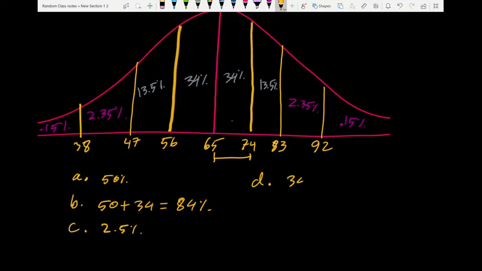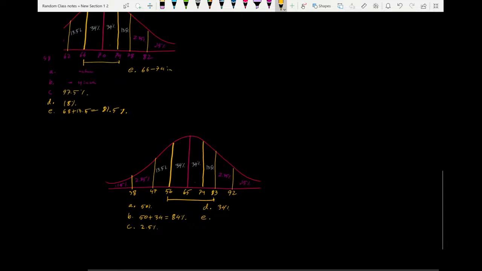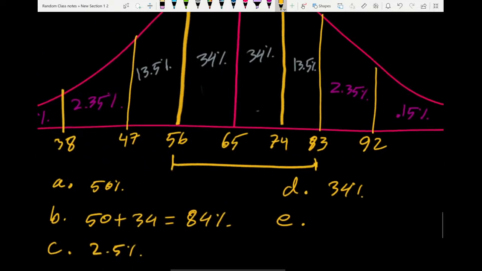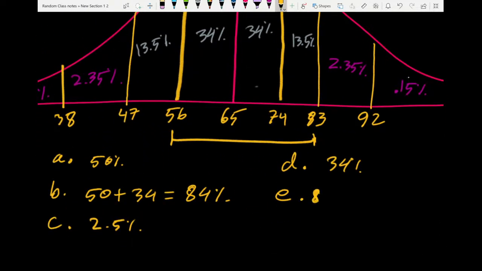Which is 34%. Now, what percent of students scored between 56 and 83? Again, that's pretty simple. We did that earlier, right? 81.5%.